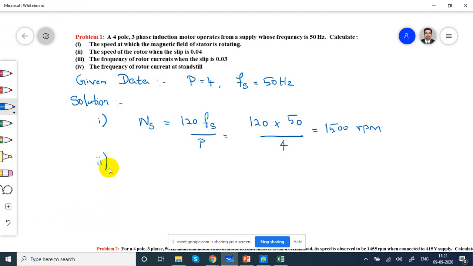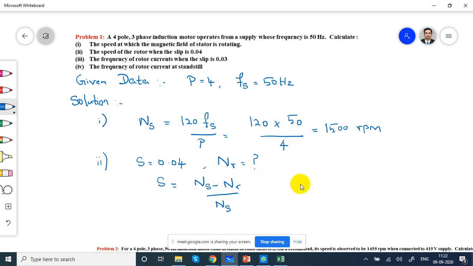Second, the speed of the rotor when the slip S equal to 0.04. In the second subdivision, the slip value 0.04 is already available. Now we are going to calculate the speed of the rotor, Nr. We know the formula, slip S equal to Ns minus Nr divided by Ns.